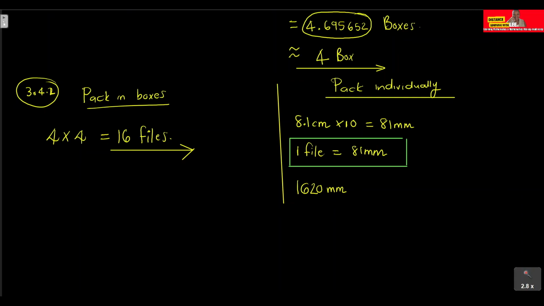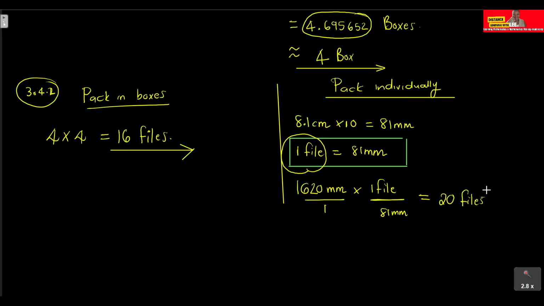You want to determine how many files we can fit, so you're going to multiply by one file, because we want to determine the units in files, divided by 81 millimeters. If you punch this into your calculator, 1620 divided by 81 is equal to 20 files.